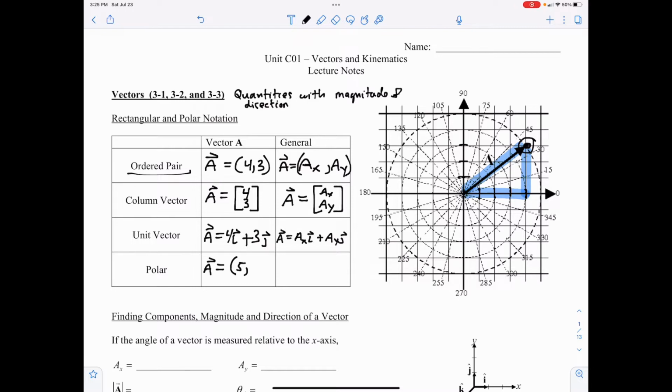This angle turns out to be about 37 degrees, and you can use right triangle trigonometry to figure that out. We'll talk about that one in a moment. So generally speaking, polar coordinates refer to having a radius and a direction, r and theta. This will be very handy when it comes to graphing the position of planets in a planetary orbit when we study Kepler's laws later on down the line.